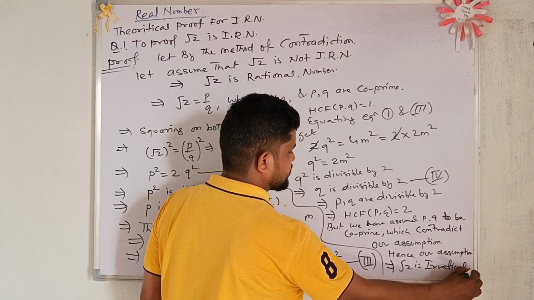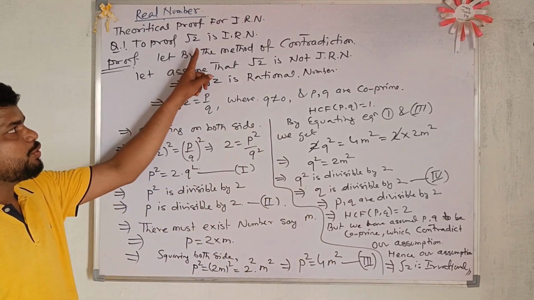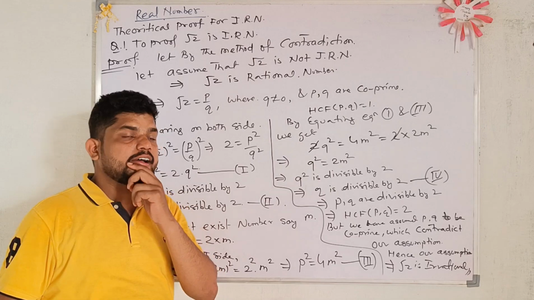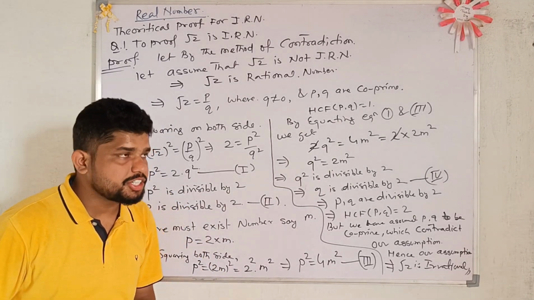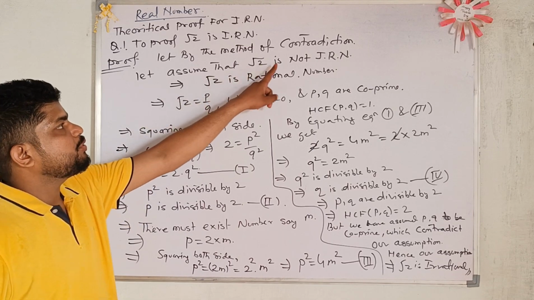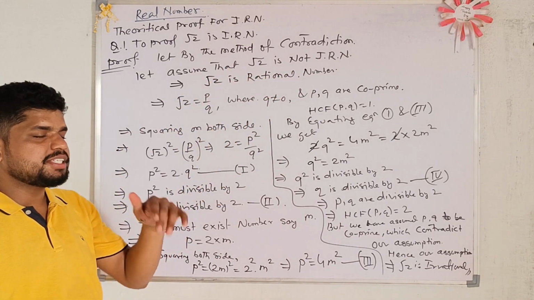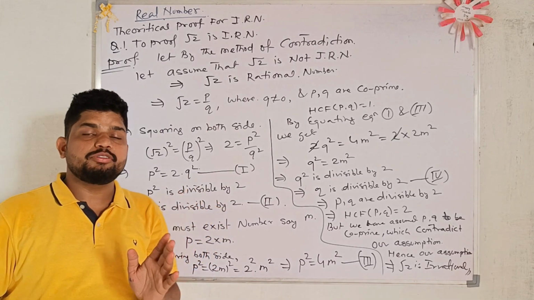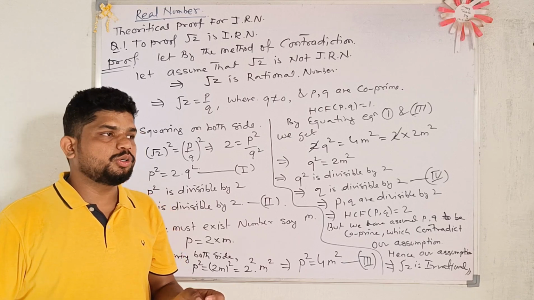Okay. Yes. Here is the proof that root 2 is an irrational number. Let me repeat it for better impact. Here we have used the method of contradiction. What is the method of contradiction? Suppose we want to prove that it is daytime.